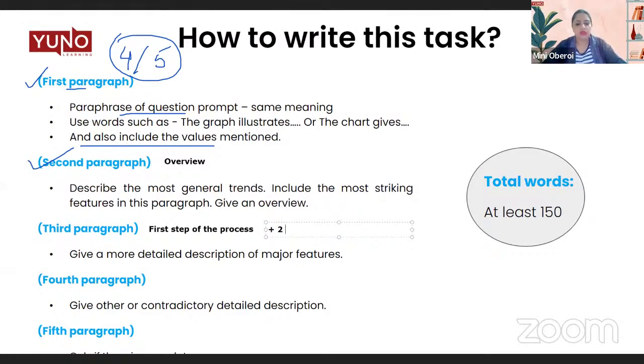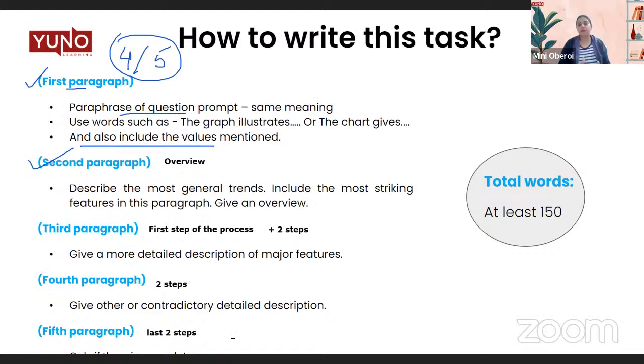First step plus 2 more steps. After that, maybe you want to give 4 steps here, or maybe 2 steps which are extremely elaborate. They can come here, right? So first step, second step, 3, 4, 5, and then 6 and 7. Last 2 steps here in the 5th paragraph.